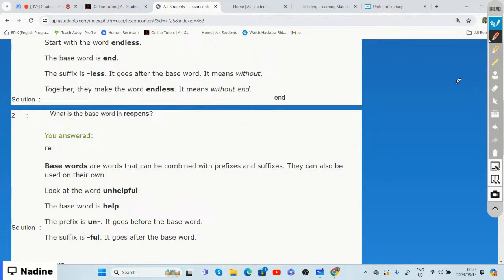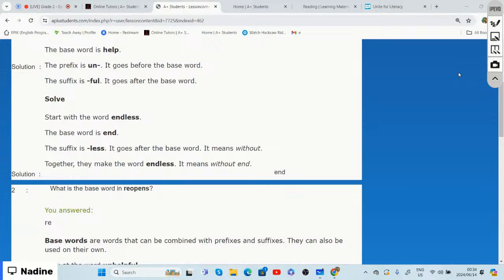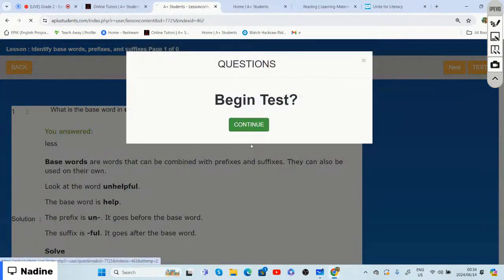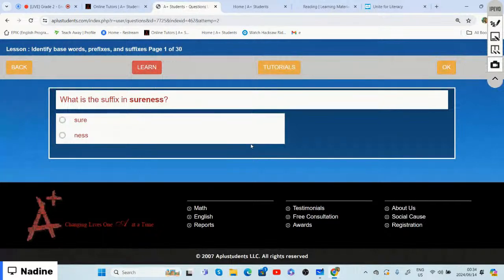All right, let's go to our test. So we're going to our test now. And we need to say what the suffix in sureness is. The suffix in sureness is the word that you add to the base word.